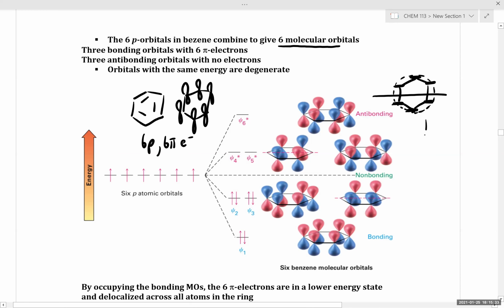So does everyone notice how from this Frost circle, we get 3 bonding MOs on the bottom and 3 anti-bonding MOs on the top? We'll see more examples of these Frost circles, but I just wanted to unpack how we got this exact arrangement of orbitals. Notice the bonding and anti-bonding molecular orbitals are arranged centered at 0 energy.